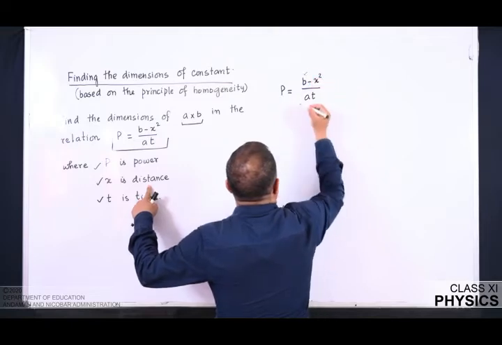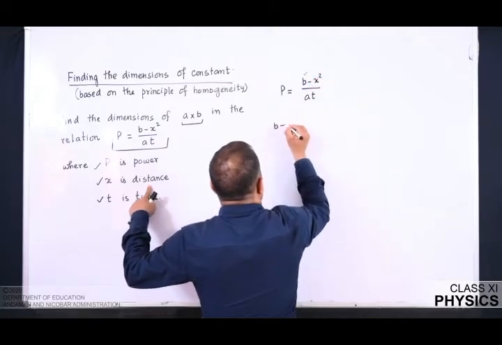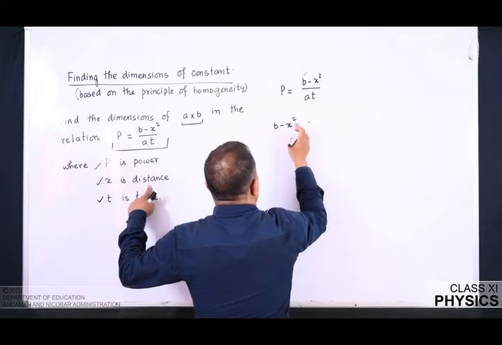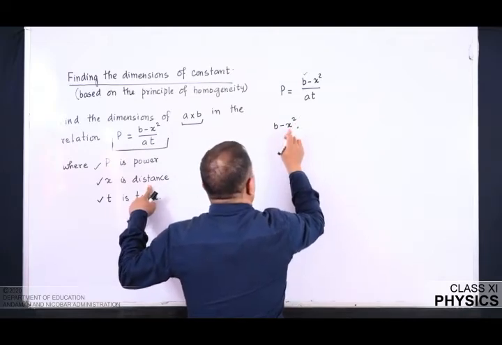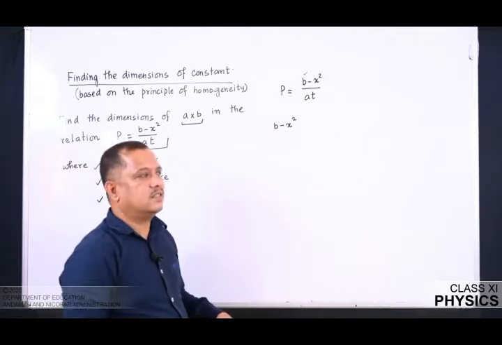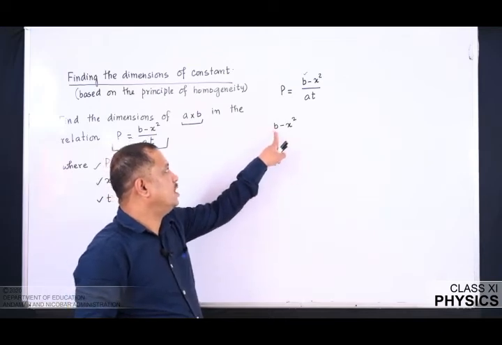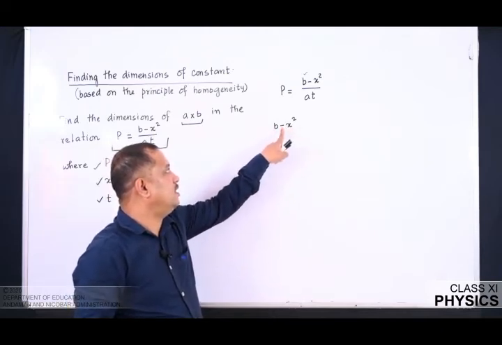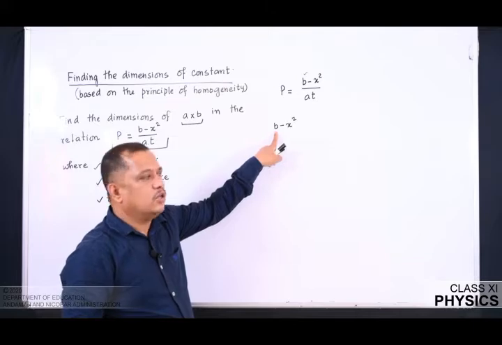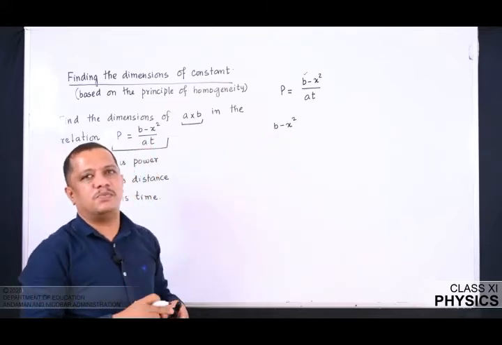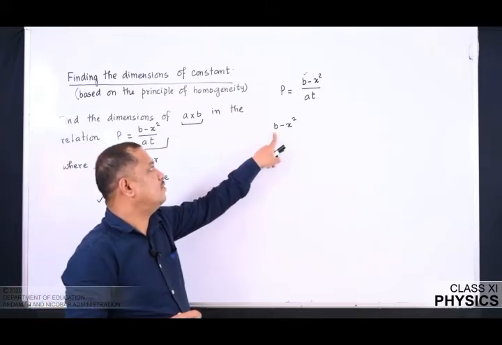Now, B minus x square, so definitely B must be square of distance. When one physical quantity is subtracted from another, the nature of the two physical quantities must be the same. What I mean is, the dimensions of the two must be the same.